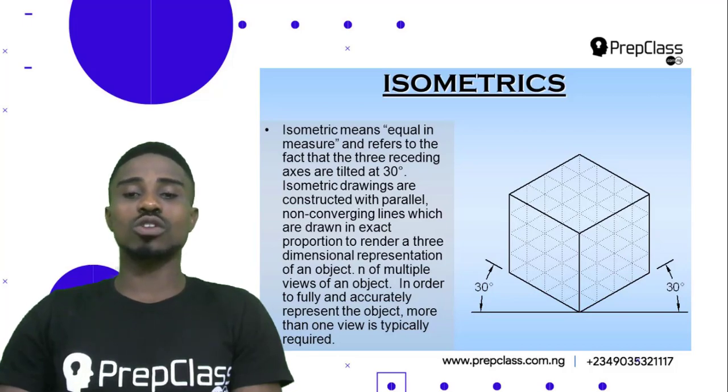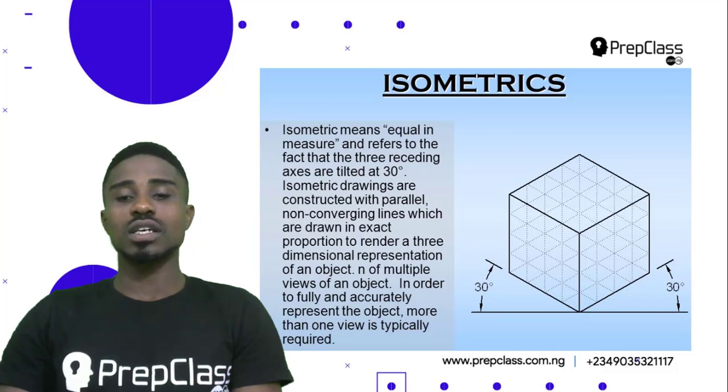Isometric drawings are constructed with parallel, non-converging lines which are drawn in exact proportion to render a three-dimensional presentation of an object, in order to fully and accurately represent the object. More than one view is typically required.